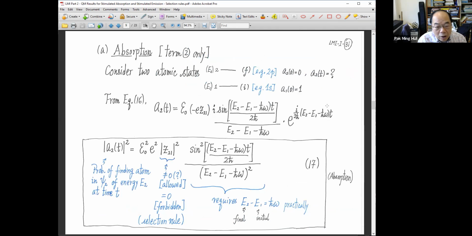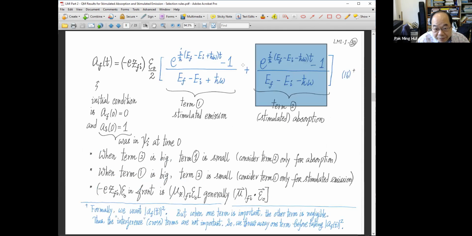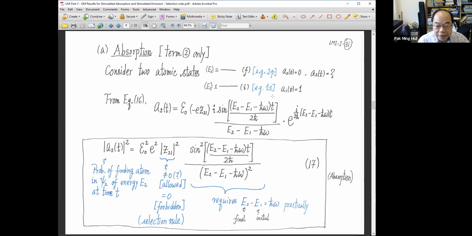So we will work on absorption. That is to say, we single out the second term.